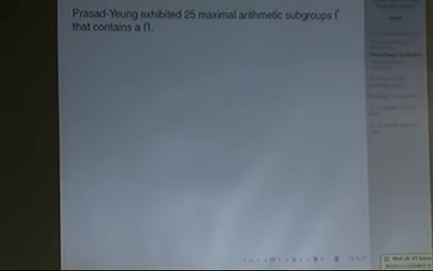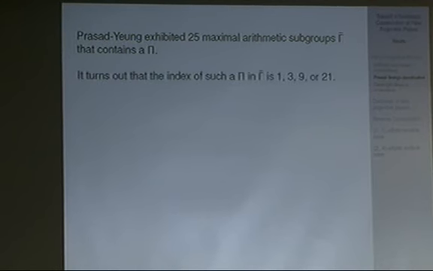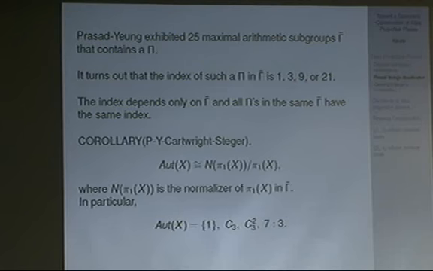In their combined paper, original paper and addendum, Prasad and Yeung exhibited 25 maximal arithmetic subgroups gamma bar that actually contain at least one pi. It turns out that the index of such a pi in gamma bar is 1, 3, 9, or 21, and that the index depends only on gamma bar. All pi's in the same gamma bar have the same index.